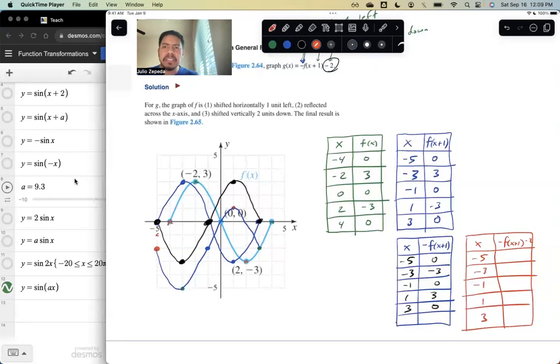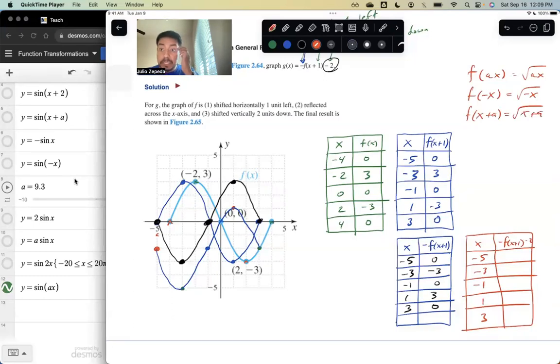The things that affect the x values are when you have something inside of the function, like f of 2x, like the square root of 2x, that's horizontal. Or f of -x, the square root of -x. When it's inside of the function, these affect the x values.